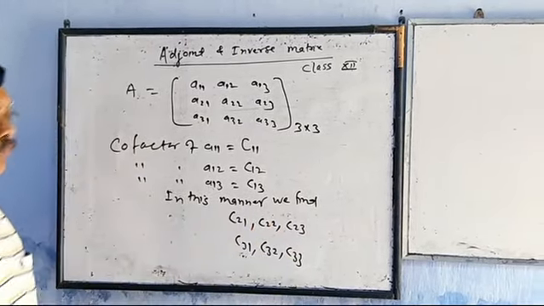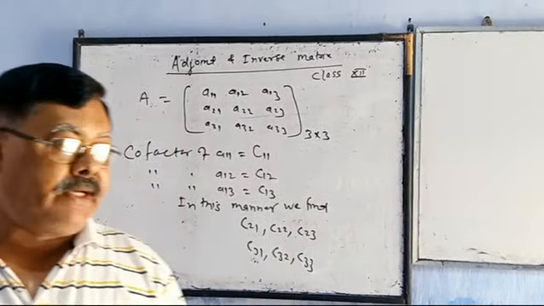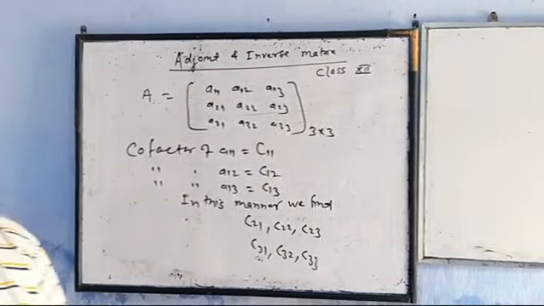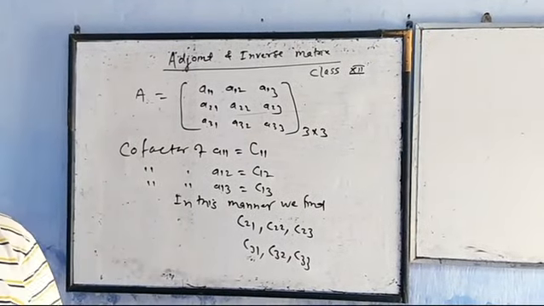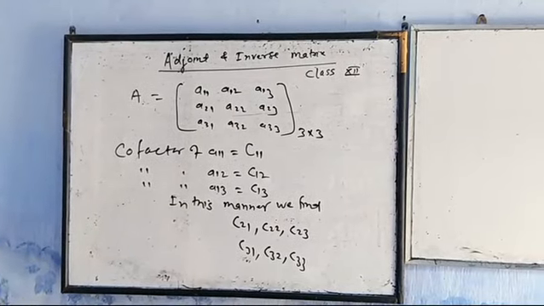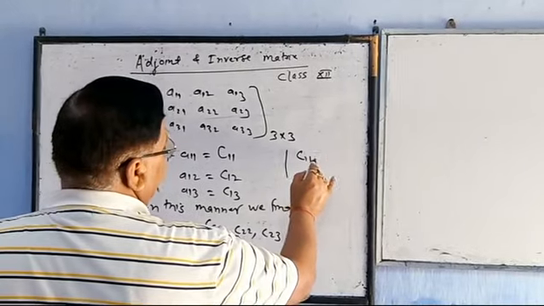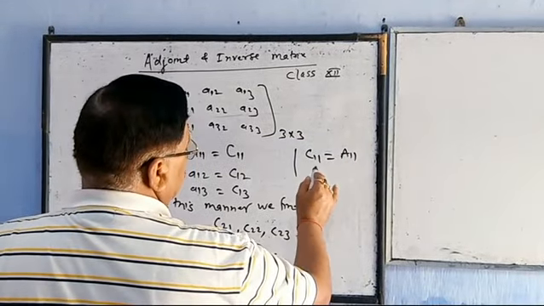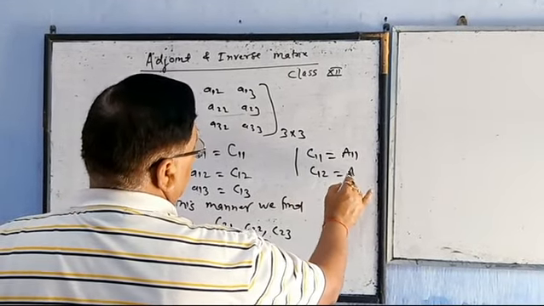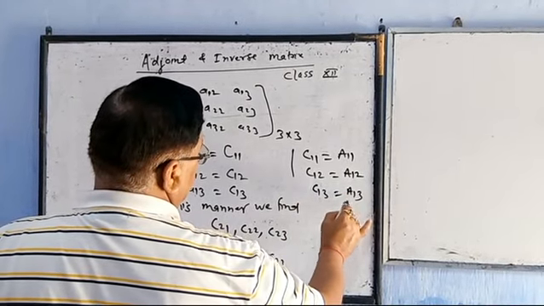These are the cofactors of the corresponding elements of matrix A. You know how to find a cofactor; I have discussed it in the determinant chapter. Cofactors are also denoted as A11, A12, A13 in some books.